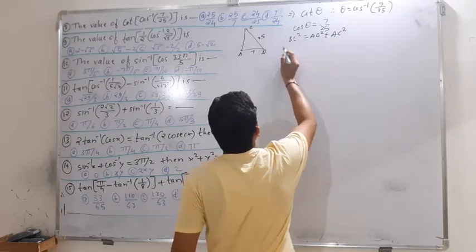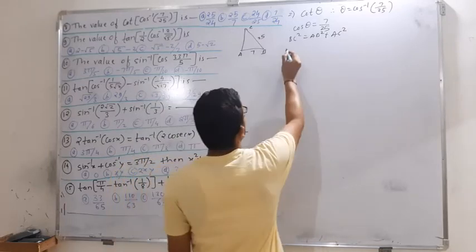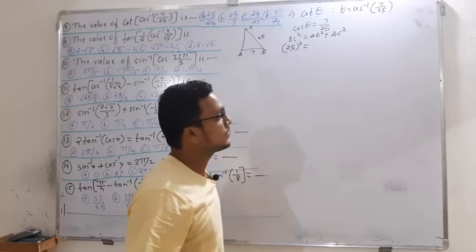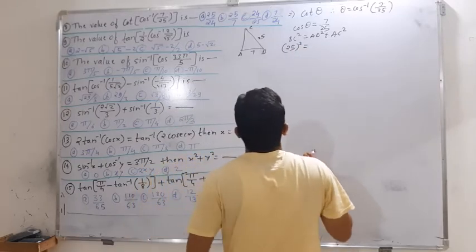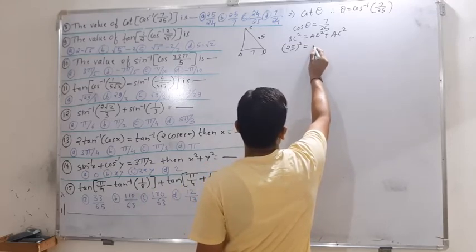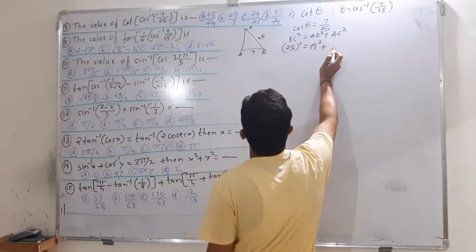So BC is 25, 25 square is equal to 7 square plus AC square.